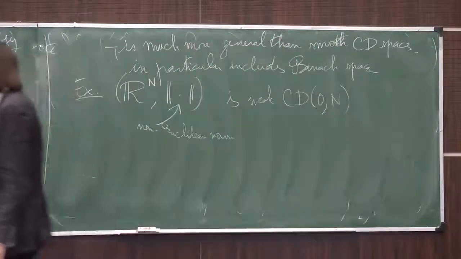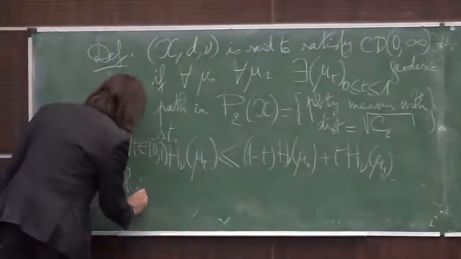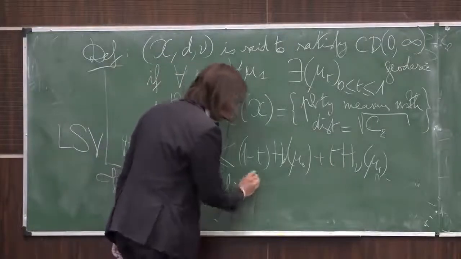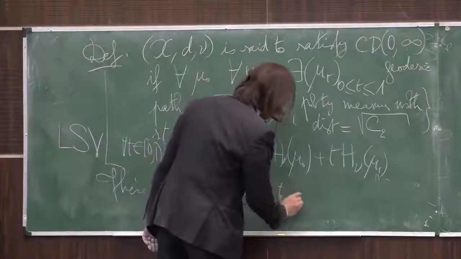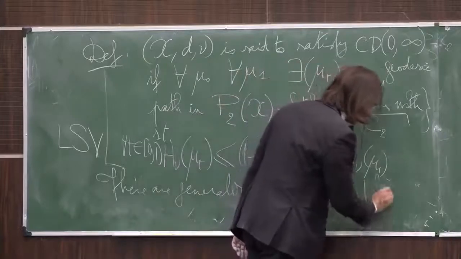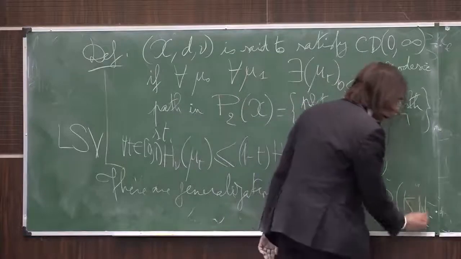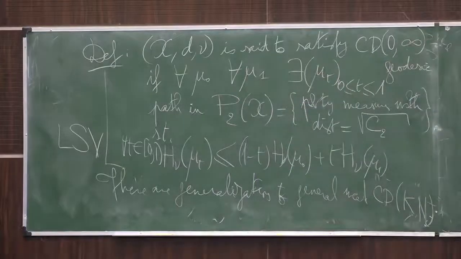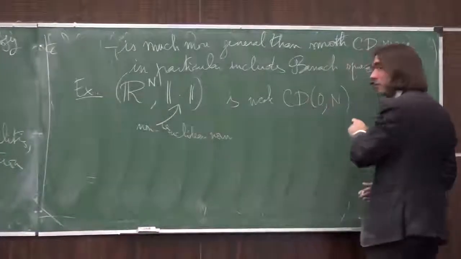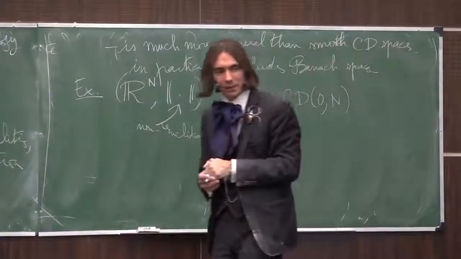I did not mention here, but there are generalizations which I don't write here, to general weak CD(K,N). So not only with zero and infinity: by changing a bit the definition here and there, you can encode any K, any N. And then any space like this will be a weak CD(0,N) space.